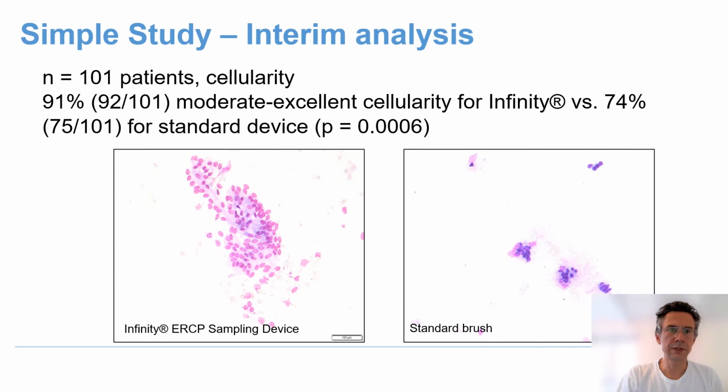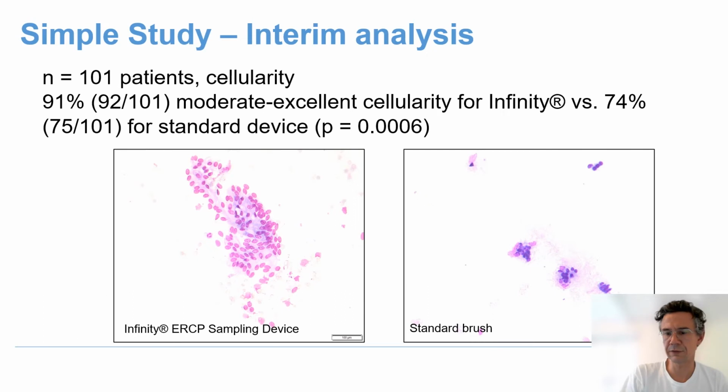Now I can present you some results from the interim analysis of our SIMPLE study. We included 101 patients, and as far as cellularity is concerned, we found that in 91%, which means 92 out of 101 patients, we had a moderate to excellent cellularity for the Infinity sampling device versus 74%, which means 75 out of 101 patients, for the standard device.